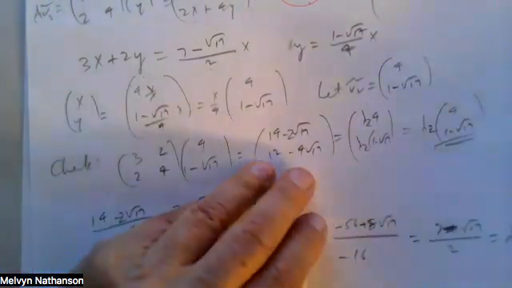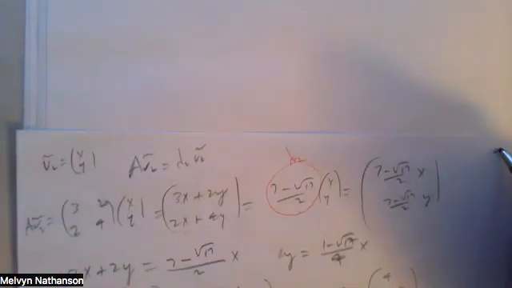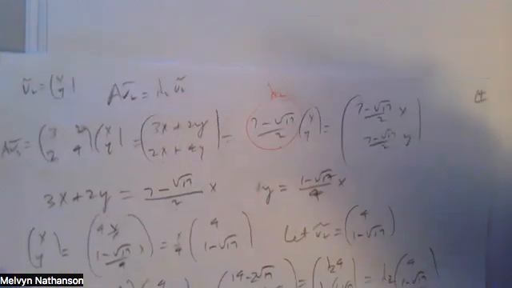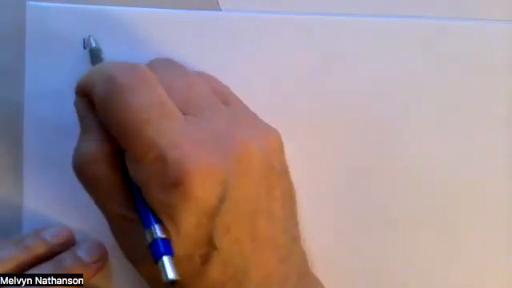So what are the two eigenvectors that we computed before we normalized their lengths?